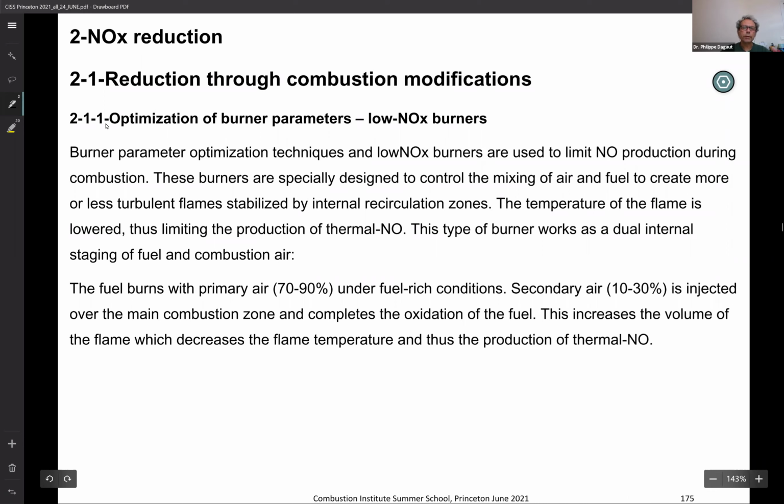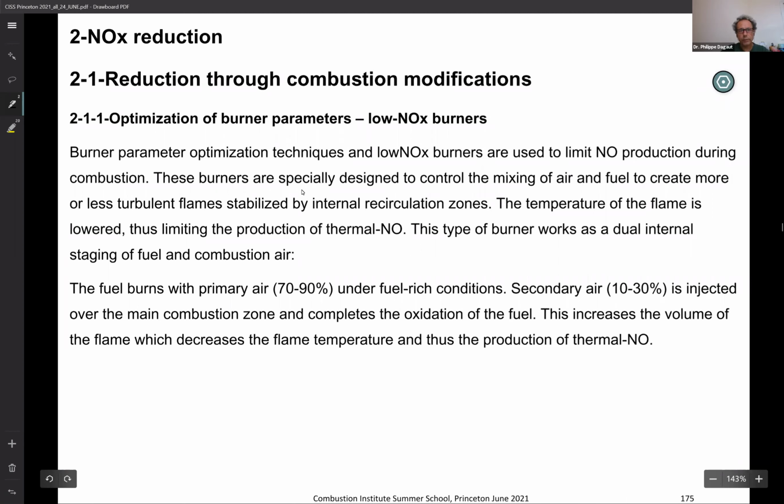So the first option would be the optimization of burner parameters. This is the case for low NOx burners. Burner parameter optimization techniques and low NOx burners are used to limit NO production during combustion.